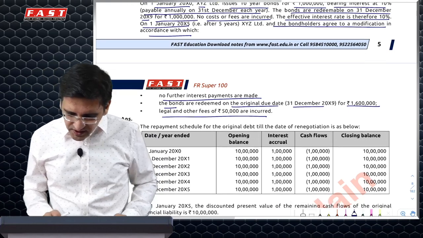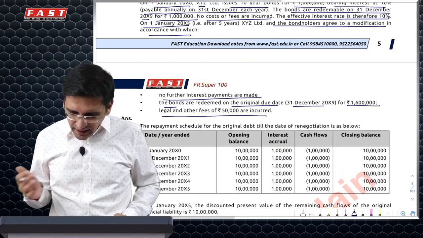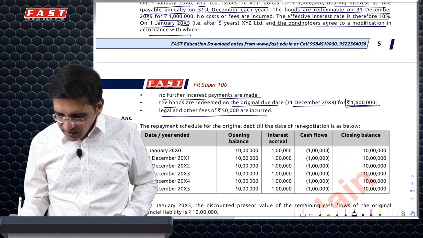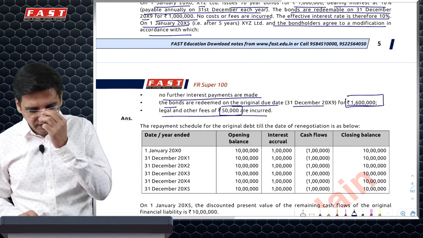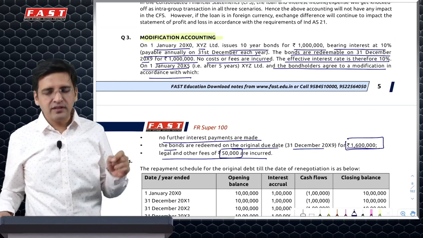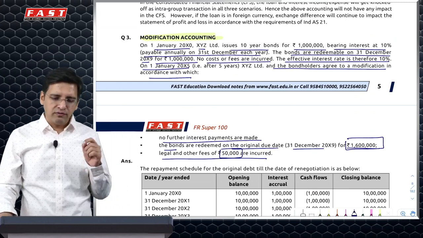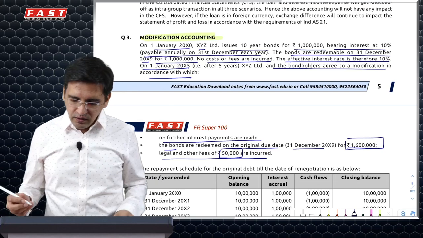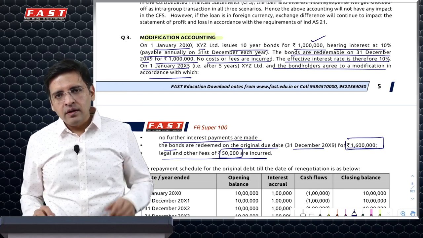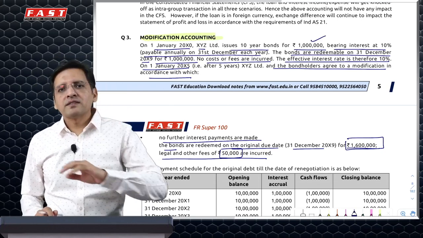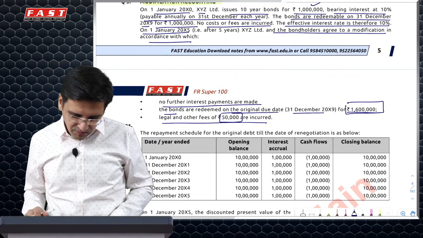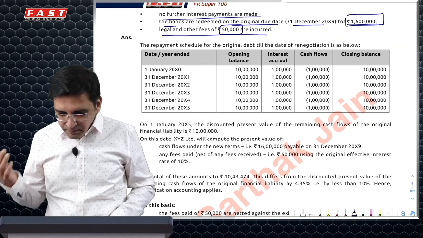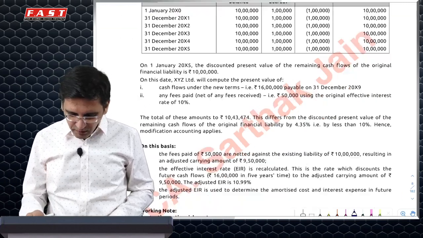Now, if I see here, I would now be paying 16 lakh, plus I have incurred 50,000 rupees. Because the effective interest rate and the coupon rate were the same, on 1st January 2005 my carrying amount of the loan would be 10 lakh. Now what I'll have to do is compare this carrying amount with the revised cash flows, which is 16 lakh after 5 years discounted at 10%, plus 50,000 rupees which I have to pay today.